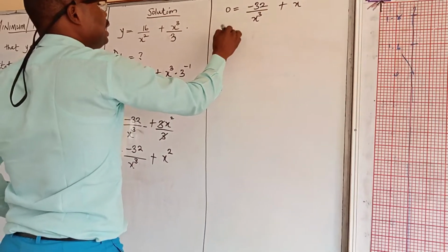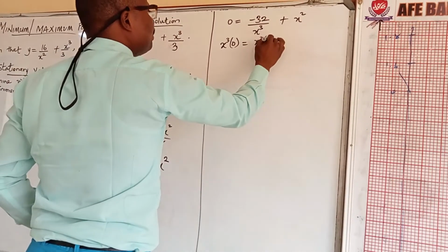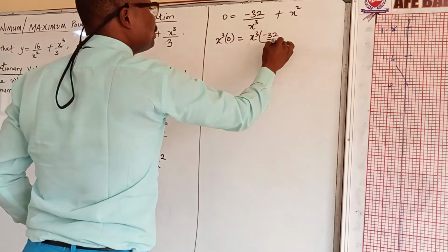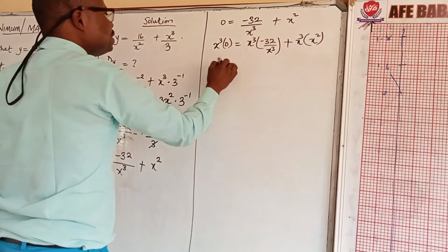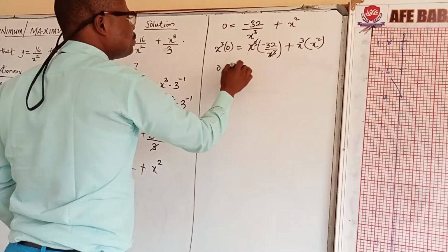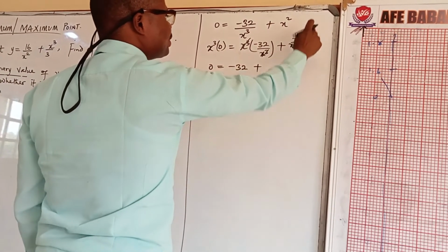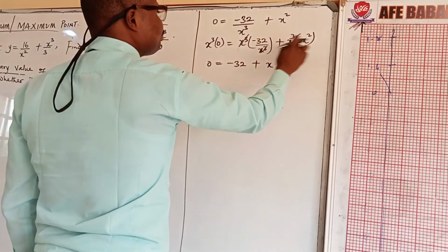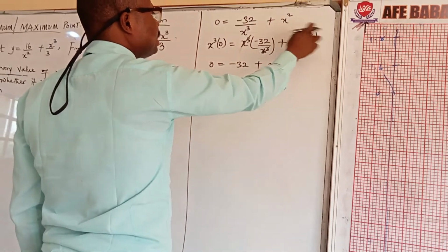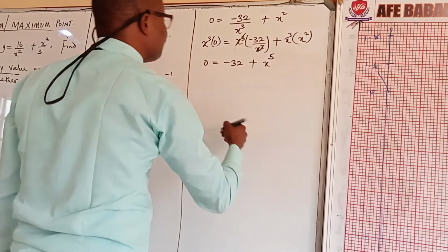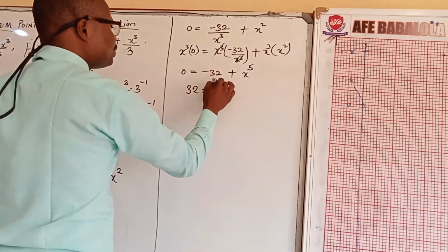Then we have 0 equals minus 32 plus x cubed multiplied by x squared. By the law of indices, multiplication changes to addition, 3 plus 2 is 5.